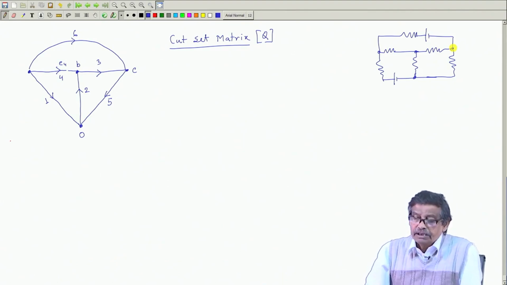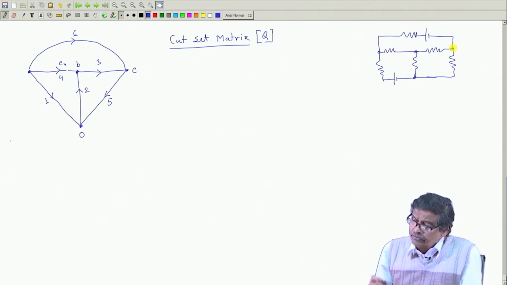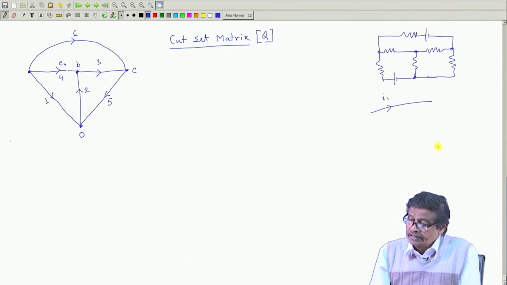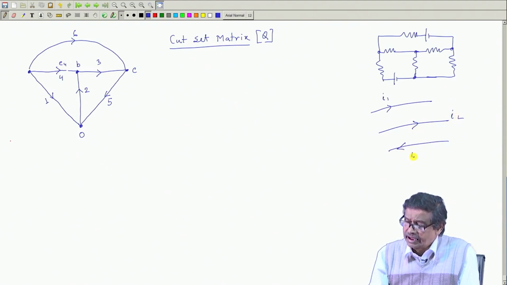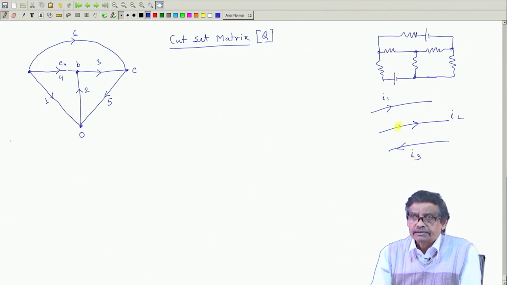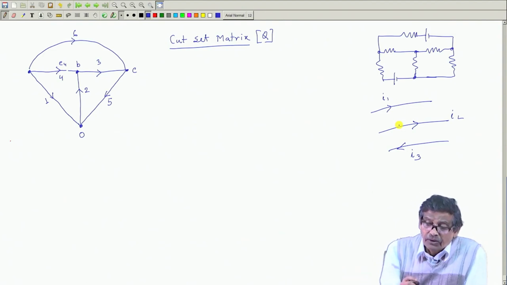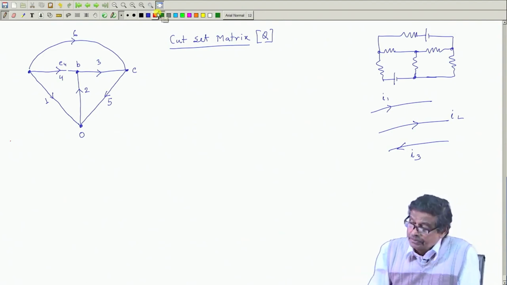What I mean by this? For example, there is some wire going like this, which is carrying a current I 1. There is another wire carrying a current I 2, and there is another wire carrying a current I 3. These are part of some network element currents, in some 3 branches. Now, this point is important.